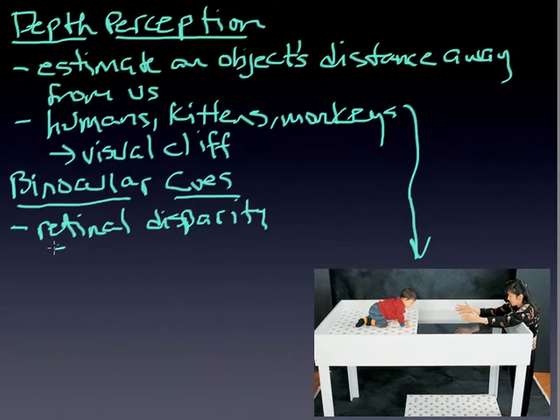The image is cast very differently depending on where they are, so the greater the difference between them, the greater the distance.